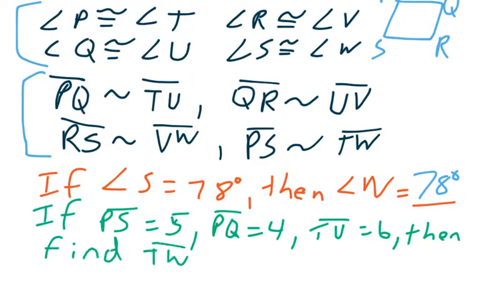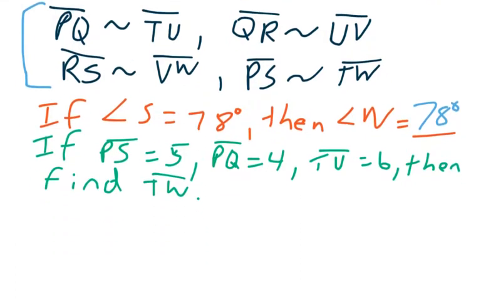Alright, now these are the side lengths. So the side lengths aren't as easy as the angles. The angles, we just look for the corresponding one, they're the same. For the sides, we need to set up a proportion. So I'm going to write a note, use a proportion. And write the words down. The words are very important.